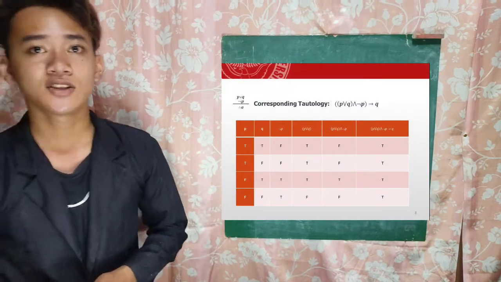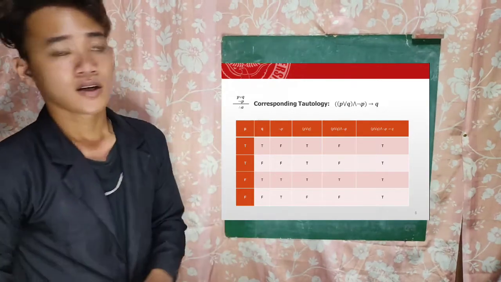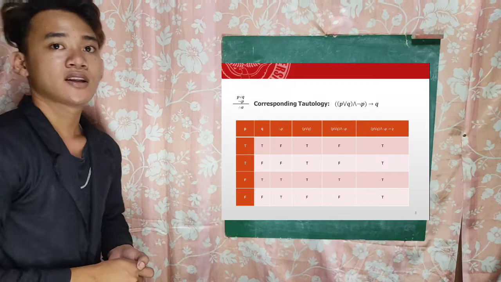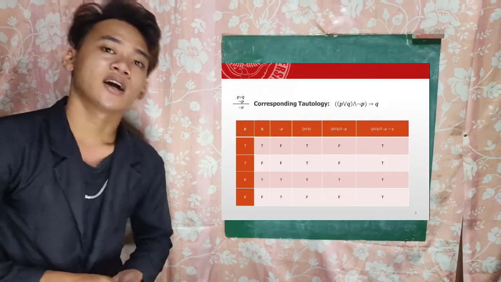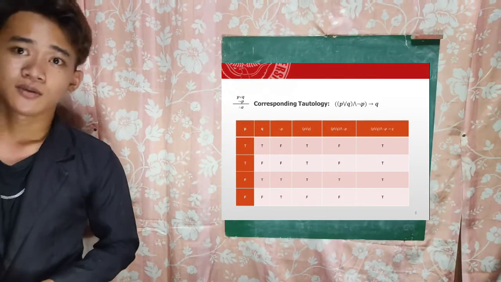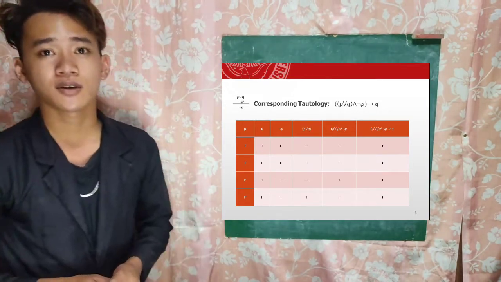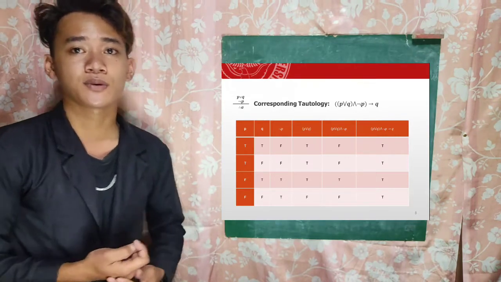Disjunctive syllogism. So P or Q, not P, therefore it is Q. So again, we have negation. The negation of P is false, false, true, true.